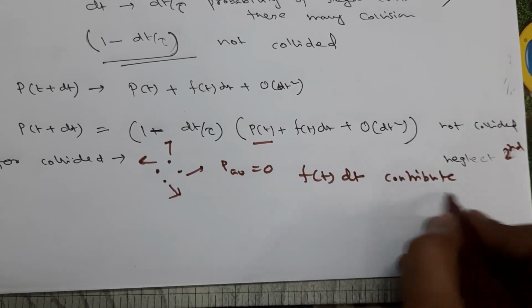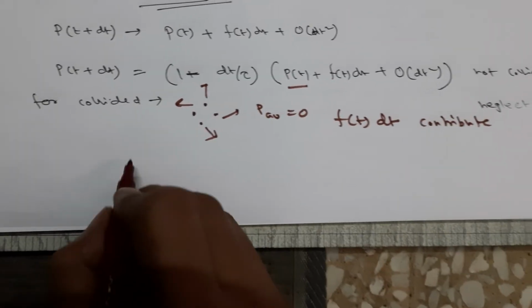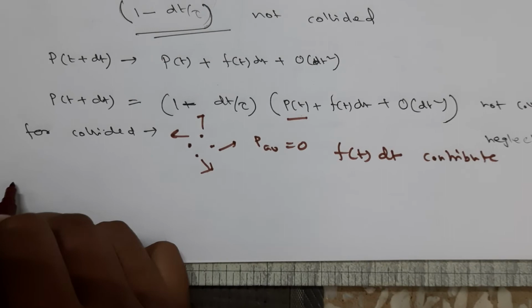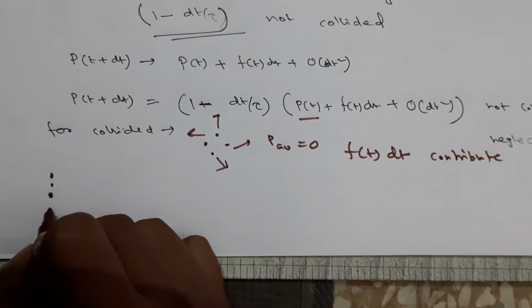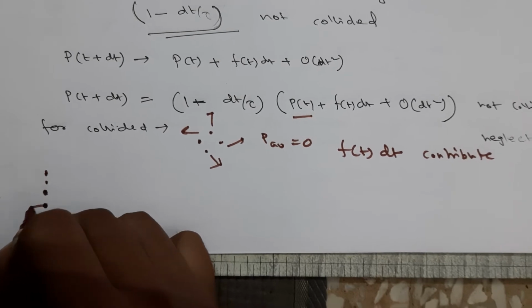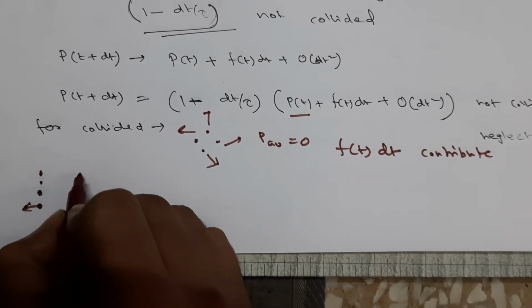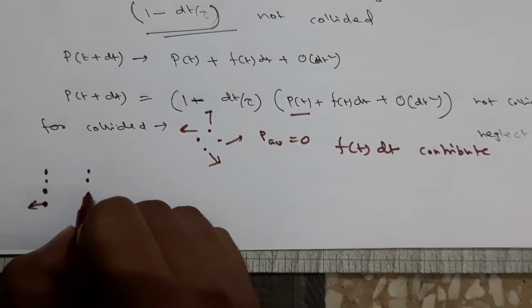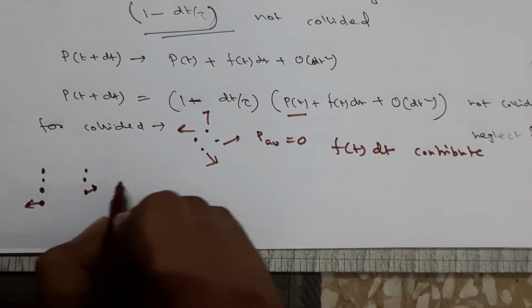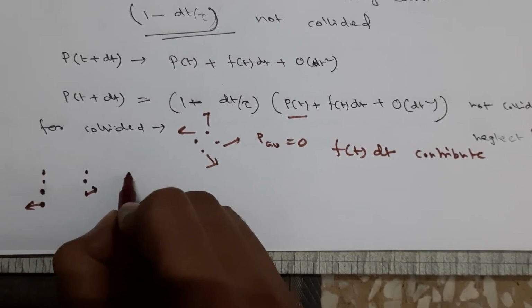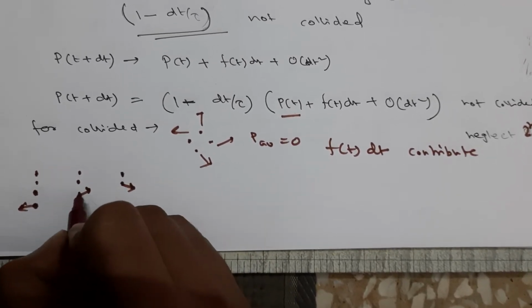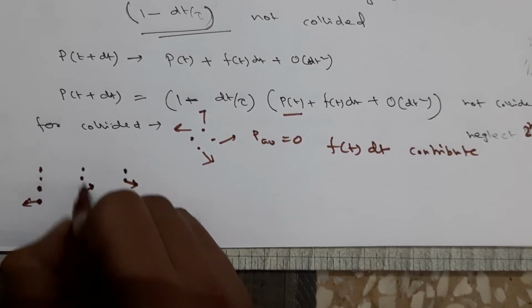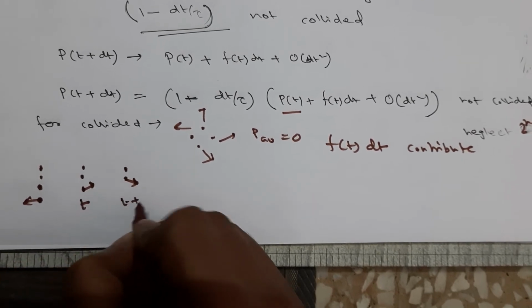Just imagine an electron which was here, not collided, and one electron collided and just goes off in some direction. Then suppose two electrons remain, one electron again collides and goes off in some direction, and one electron remains. Suppose this is the t time and this is the t plus dt time.